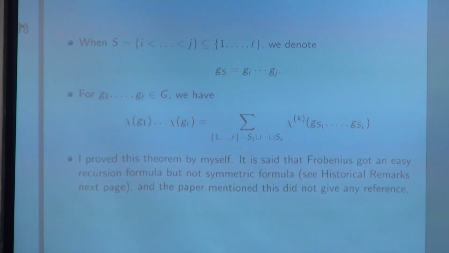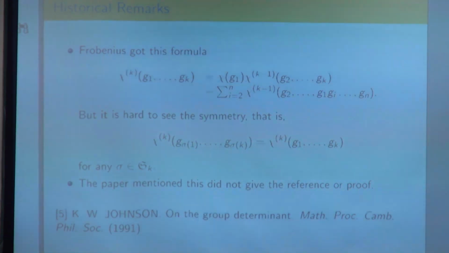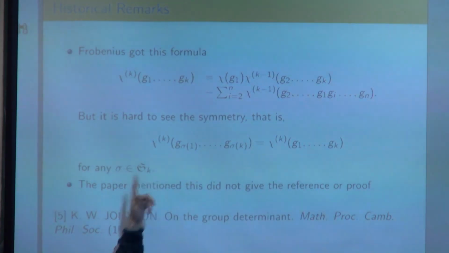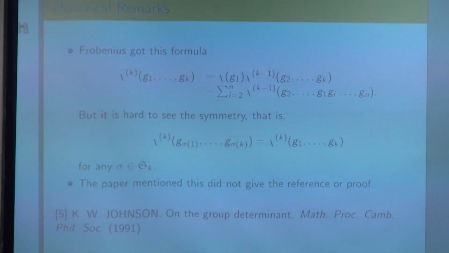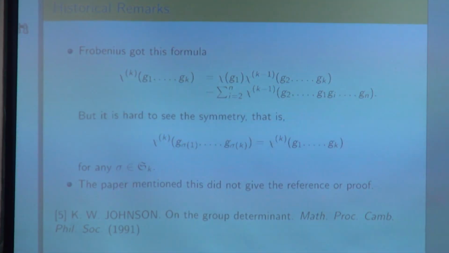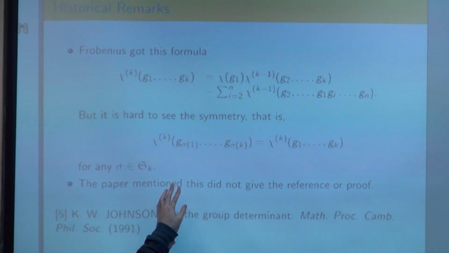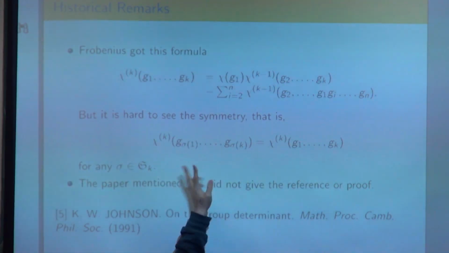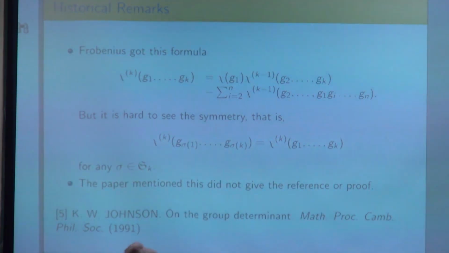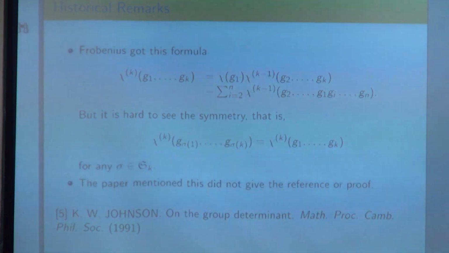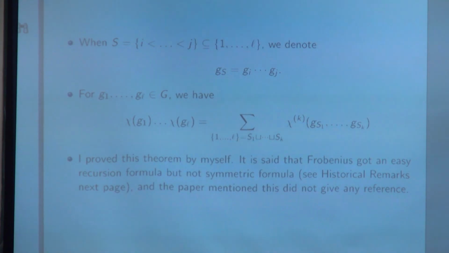And this thing, I think, in history, Frobenius proved. It looks very easy, but you cannot find this fact. We know that it is a property that when we exchange them, the value does not change. But in his formula, we cannot see it from his formula. But you can see it in my formula because it's completely symmetric.